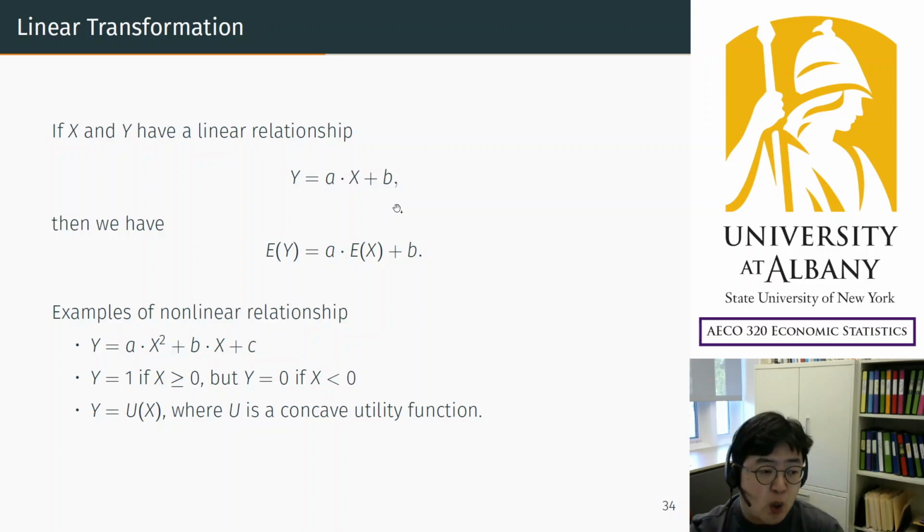So today I'm going to give you another example to study the role of the linear relationship assumption. Here I will compare what happens when you have a linear relationship and when you don't.